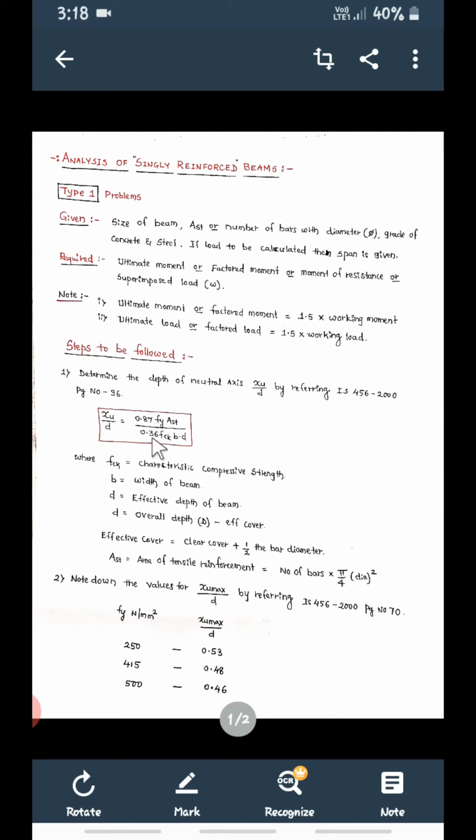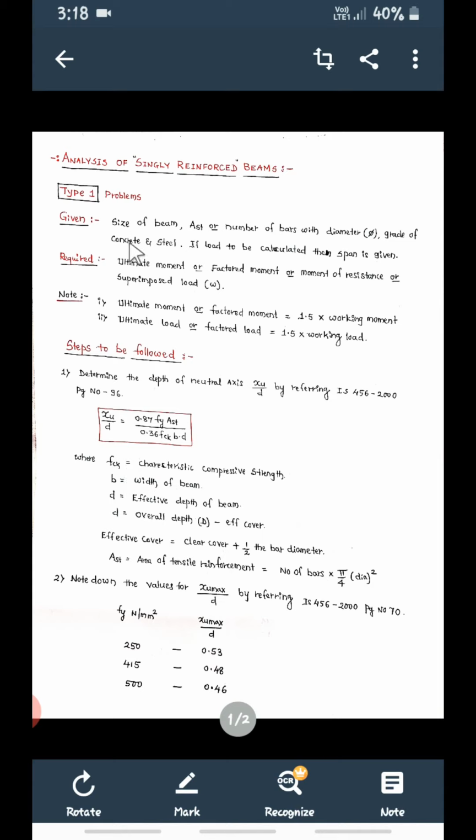Substitute all the known values here from the given data and calculate xu by d. So what are these terms? What is this fck? fck is the characteristic compressive strength of concrete. The grade is given, so with the help of the grade we can write down fck.